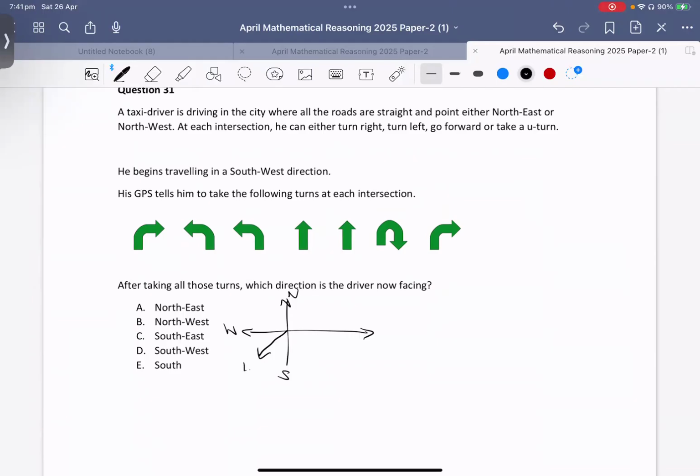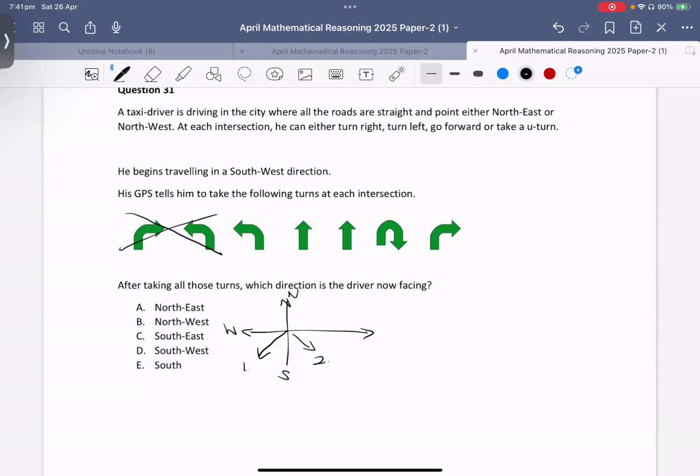Can you guys see these first 2 steps here actually cancel each other out? So we don't have to do that. If you turn right and then you turn left, you're going to be in the same direction, aren't you? So the first step here is we're going to be doing his left turn, right? So if he's doing his left turn, what direction will he be then facing? If he's first going this way, his left turn is going to make him face southeast, right?